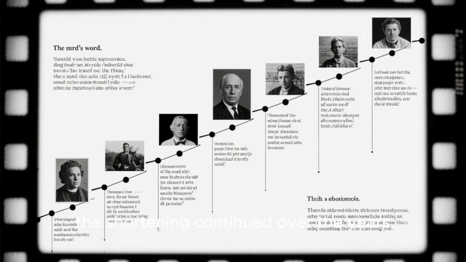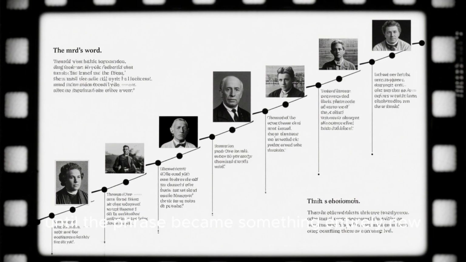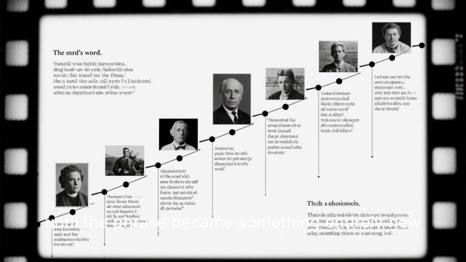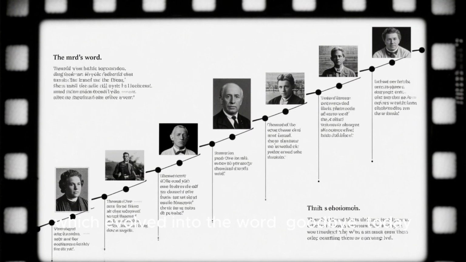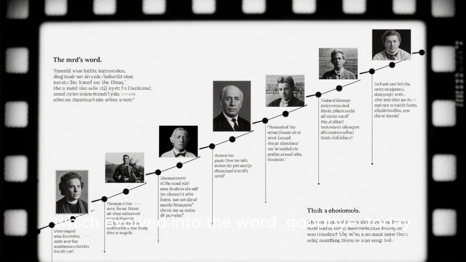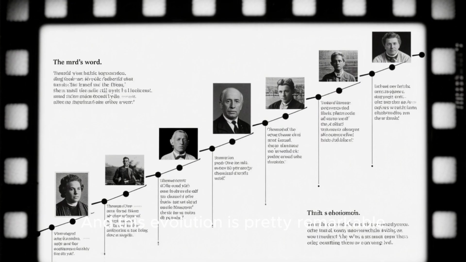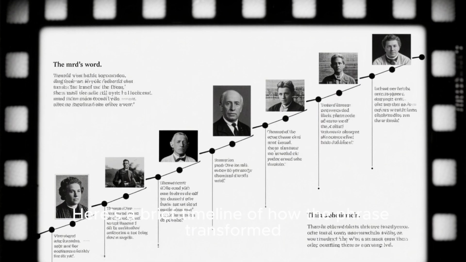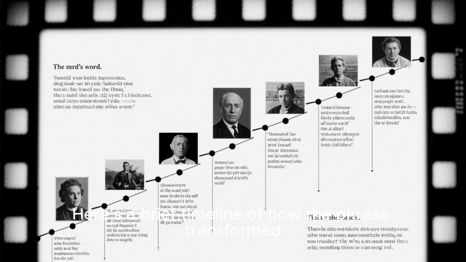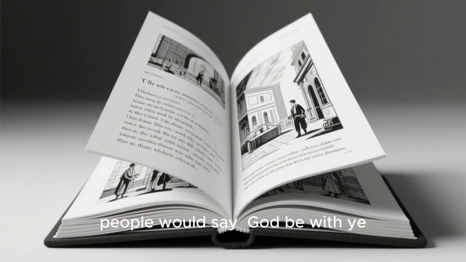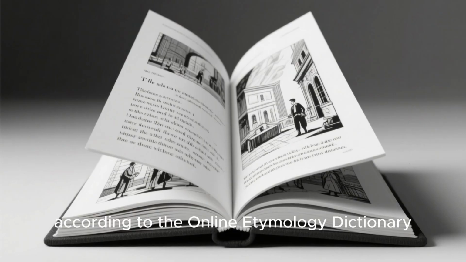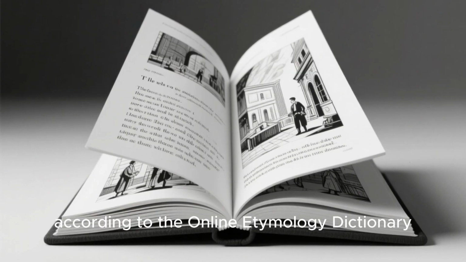Anyway, the shortening continued over the years until the phrase became something entirely new. A completely different word, which evolved into the word goodbye today. And this evolution is pretty remarkable. Here's a brief timeline of how the phrase transformed. In the late 14th century, people would say, "God be with thee," according to the online etymology dictionary.